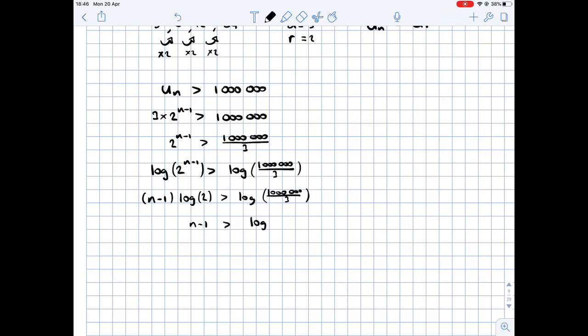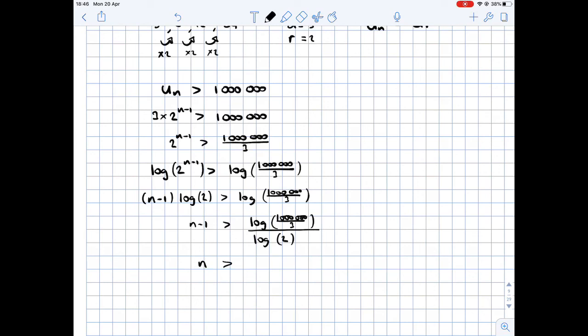So now we have log of 1 million over 3 divided by log of 2. Don't be tempted just to write log once. It's log over log. Then finally, we're going to add our 1.